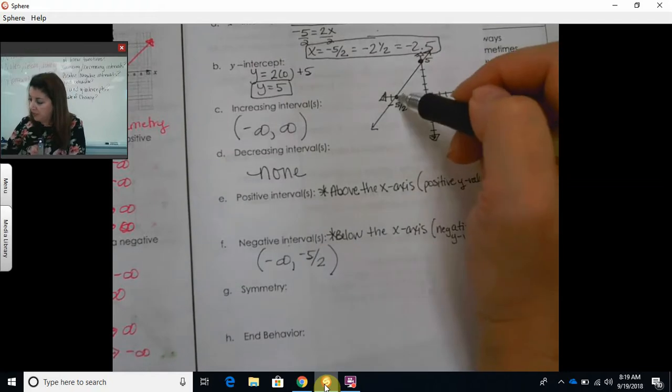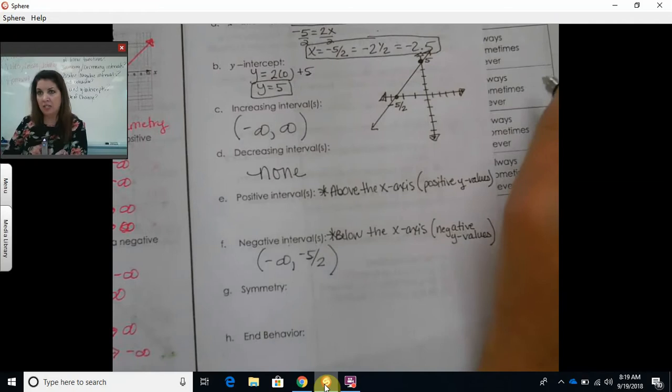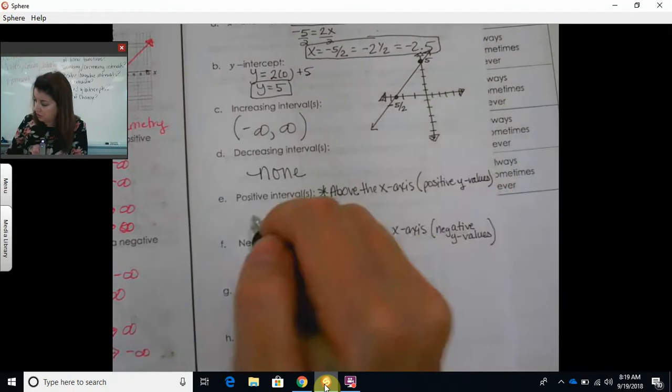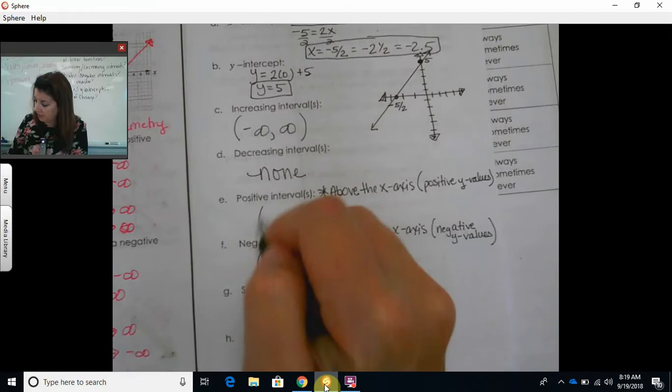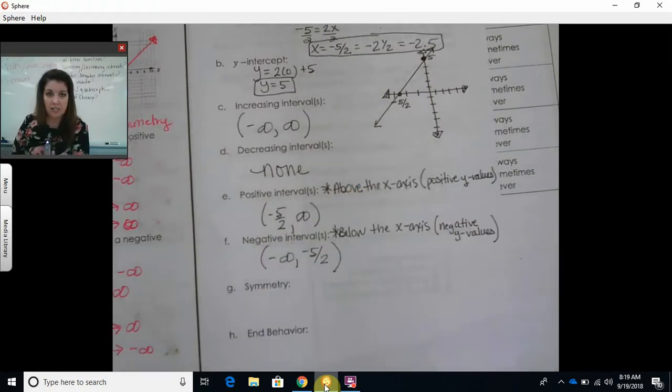And then from negative 5.5 all the way to positive infinity, would that be positive or negative? Positive. So start from left to right, from negative 5.5 all the way to positive infinity. That's a positive interval. You see the difference between positive and increasing and negative and decreasing.